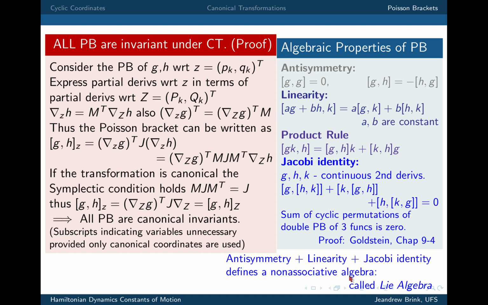And so what happened when they went from classical mechanics to quantum mechanics, they kept almost everything in classical mechanics of how the Poisson brackets work.